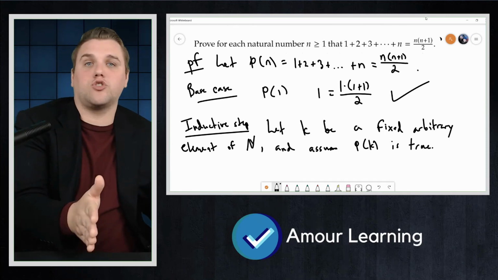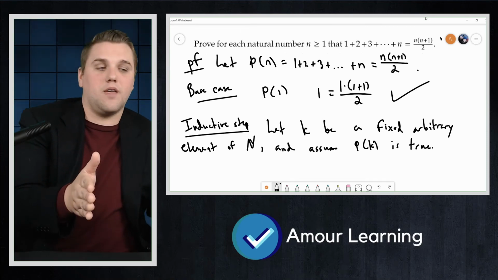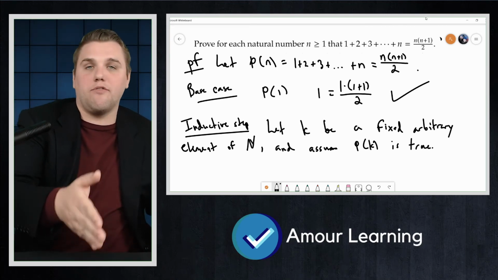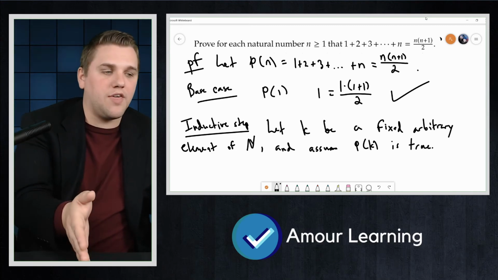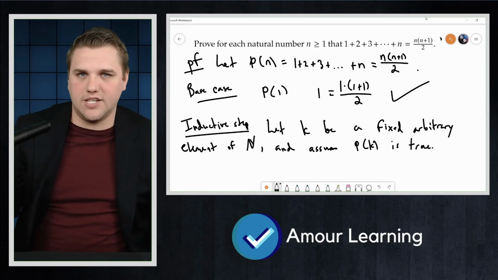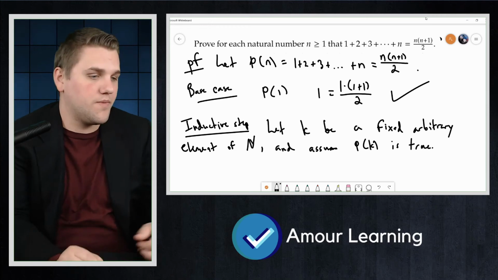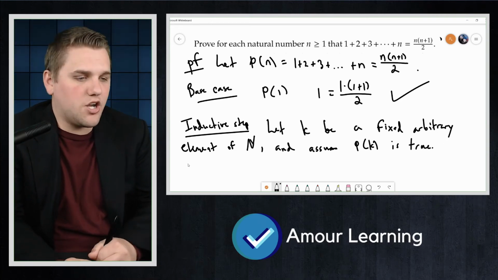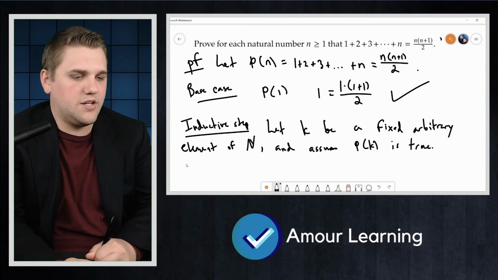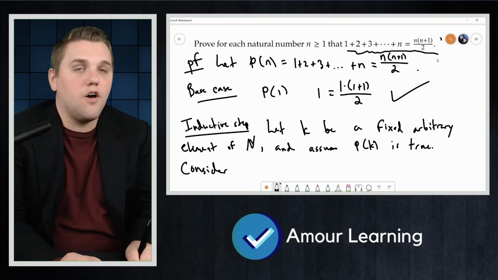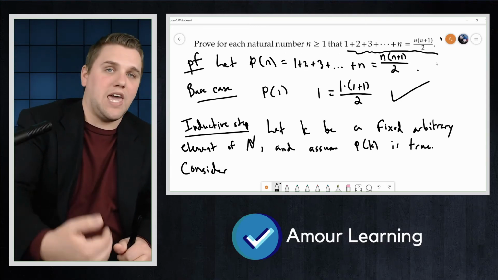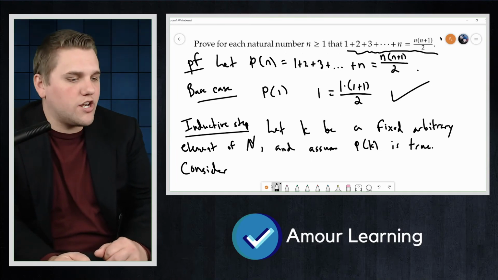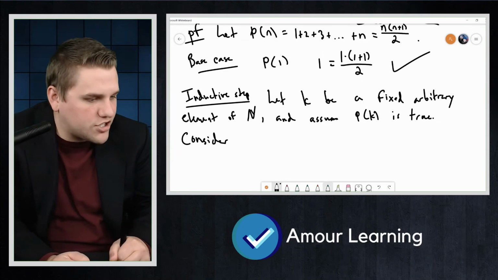And so for any arbitrary case like P of k or P of 1 or P of 2 or P of 10 or anything, you can then assume that the next instance is also true. So we're assuming that P of k is true. And so now we need to look at this statement for n equals k plus 1. So we're trying to show that, and I'll even write this out.